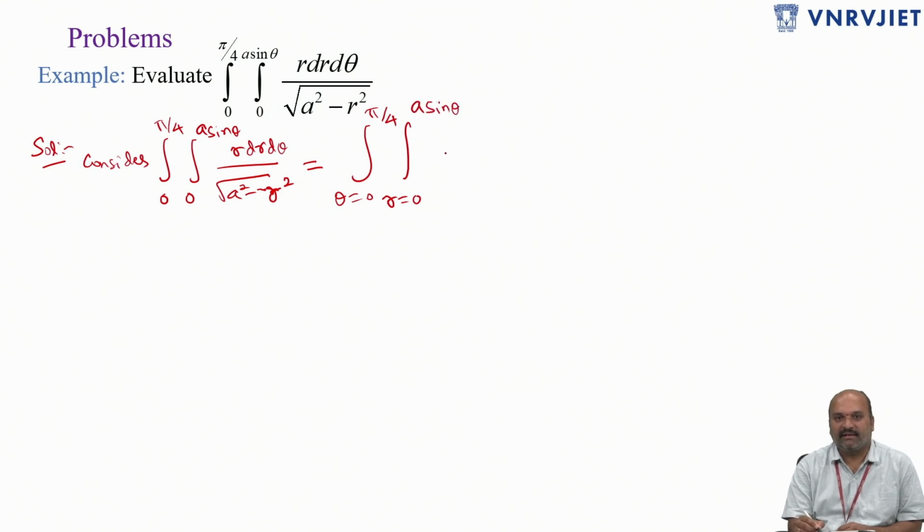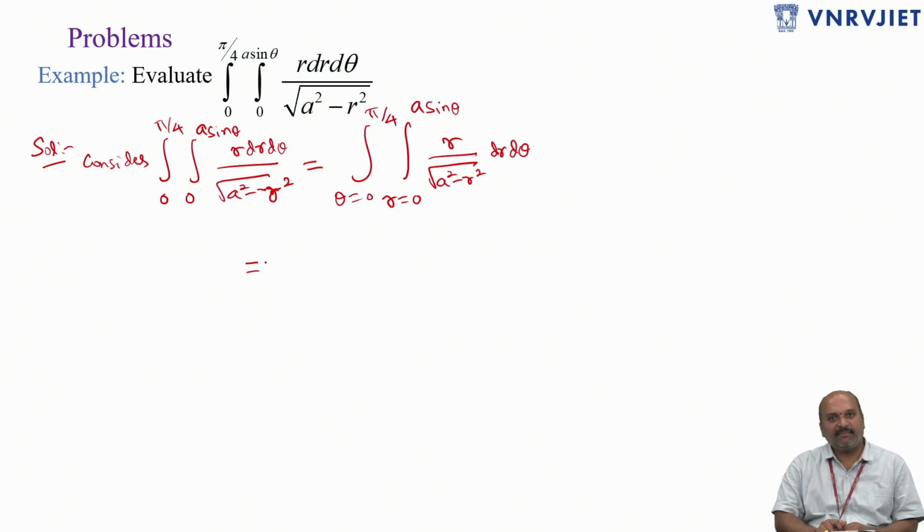Here r limits are functions of theta, so first we integrate with respect to r, treating theta as constant. Later we integrate with respect to theta.